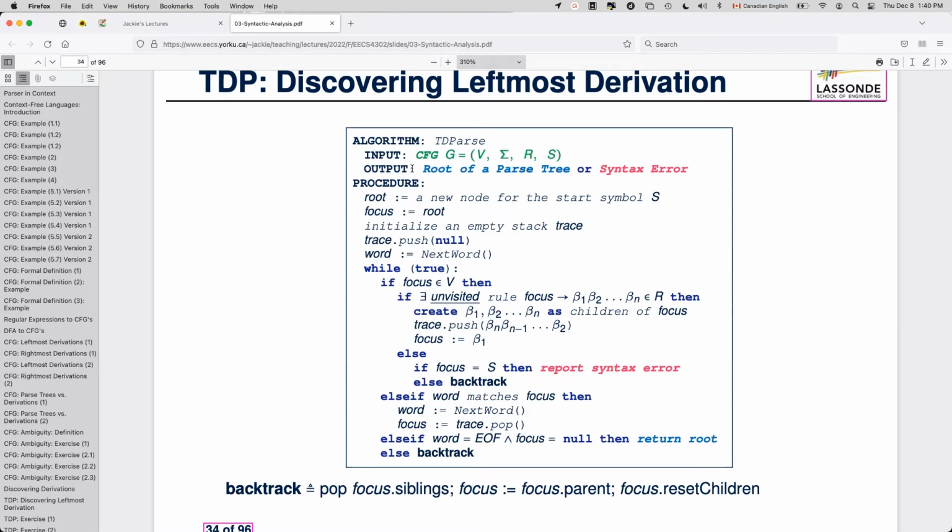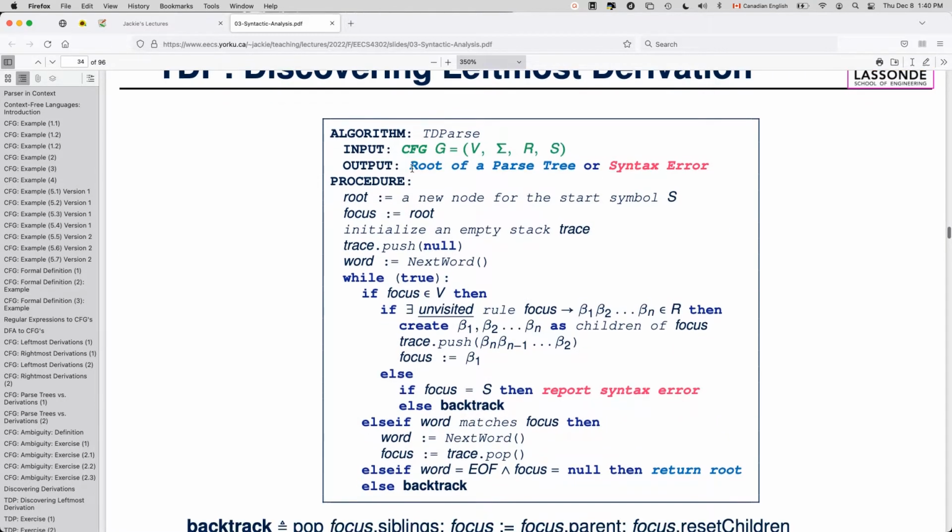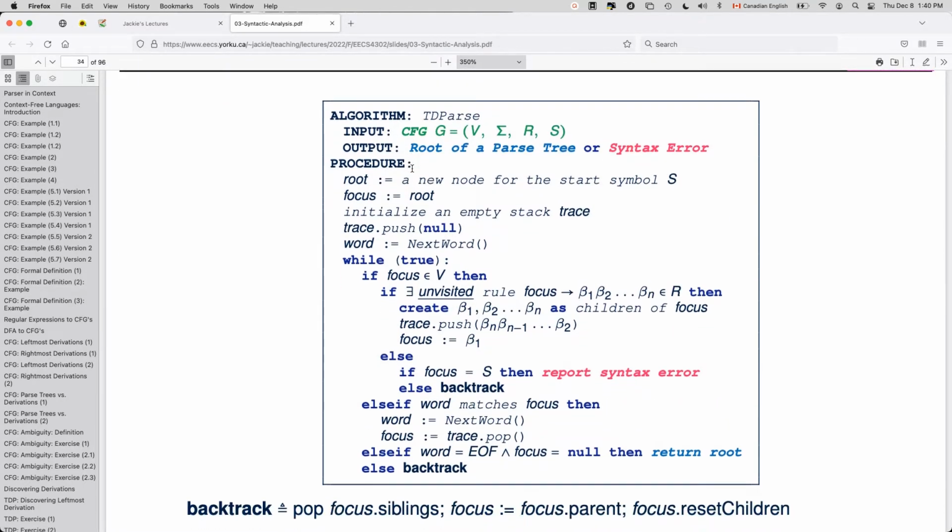That will be slide 34, the top-down parse. However, for that one, you may just want to get very familiar with how to do it in general. If I really want to ask a very specific line, in that case I'll definitely refer to the listing, so you can look at the algorithm yourself. Just make sure you're familiar with it.